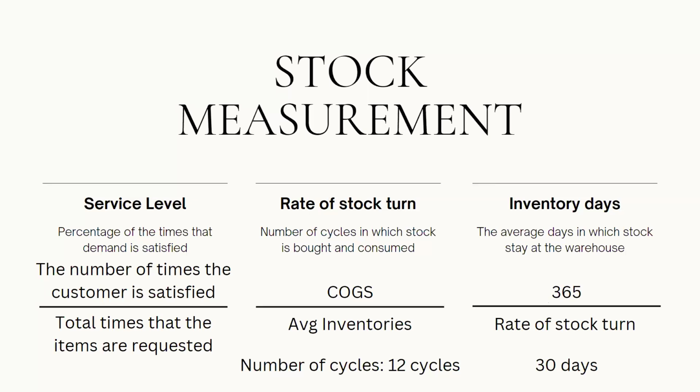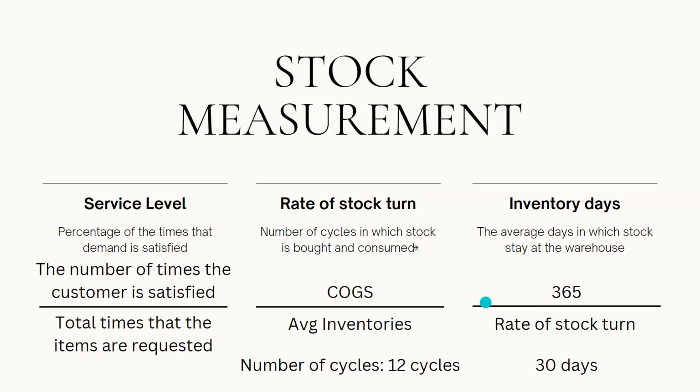But achieving that kind of objective is virtually impossible. It requires you to store everything in the world, and that is very costly. So for service level, we often set the target like 95, 96, 97%, and not 100.